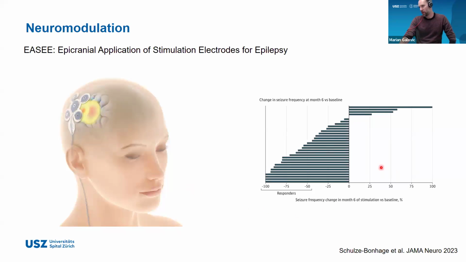And this study was an uncontrolled study. So we don't have a randomized controlled trial for this device yet. And it showed quite interesting responder rates. So this is the number of 50% responders. And the responder rates were quite similar to patients receiving deep brain stimulation or RNS or VNS. So I think this is quite exciting, particularly because this stimulates brain areas that may be affected by the stroke.